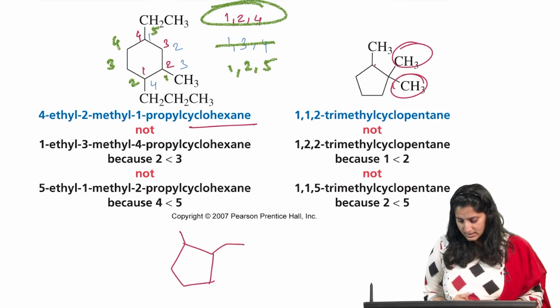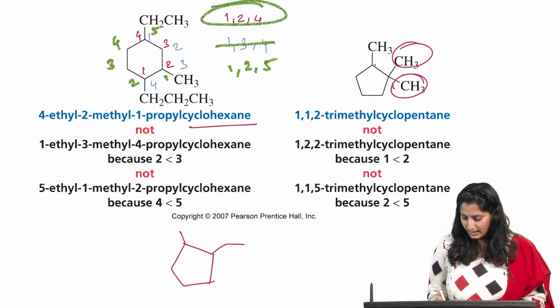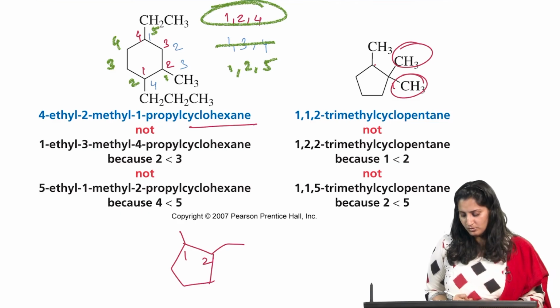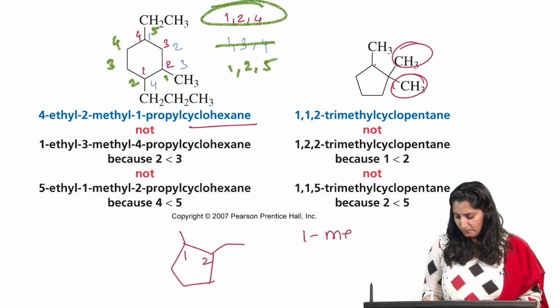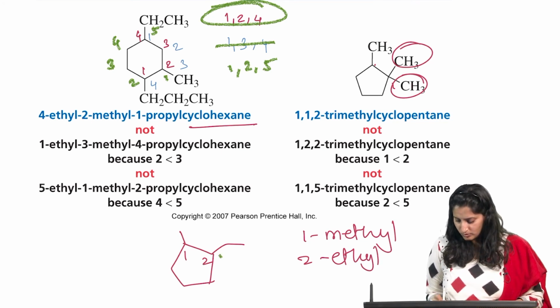Now, for this particular cycloalkane, it is a cyclopentane, that is okay, but I can number it such that I go 1 and 2 such that 1 gets the methyl group and 2 gets the ethyl group, okay. Or you can also go as 1 and 2 such that 1 gets the ethyl group and 2 gets the methyl group.